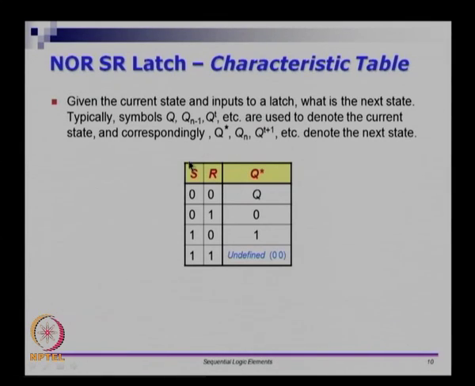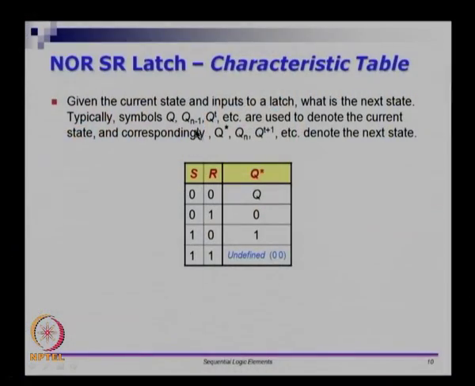What we are going to do is state the value at the current time point, and if the inputs change, what will be the next value. Remember, the next value should depend on the current value as well as the inputs that have come in. So we will use the symbol Qn minus 1 or Q of t to denote the value at the current time point, and we will use Q star, Qn or Q of t plus 1 for what is supposed to be in the future.